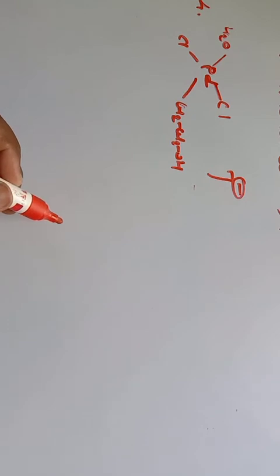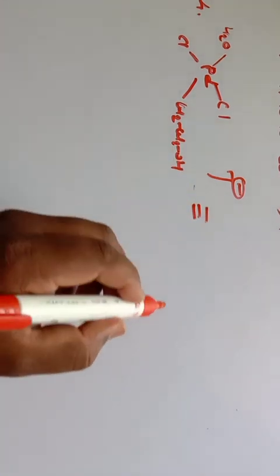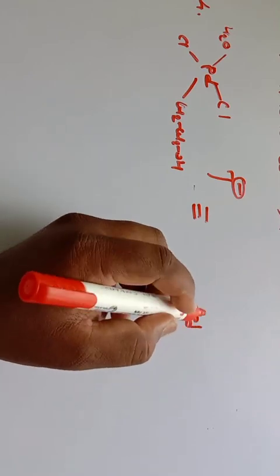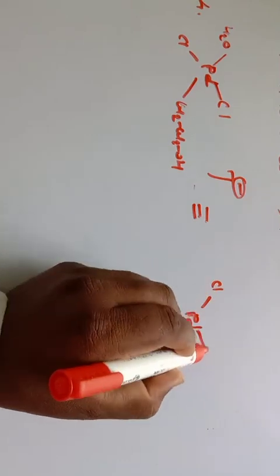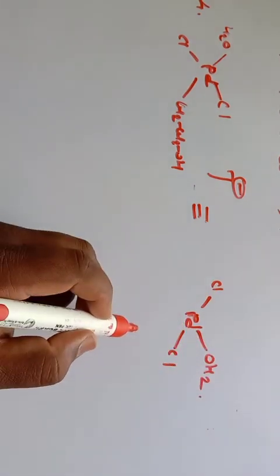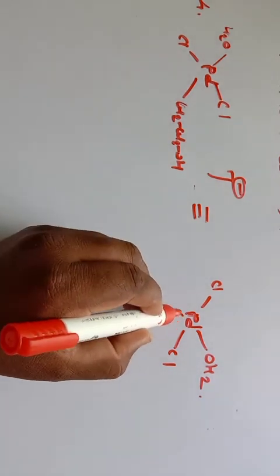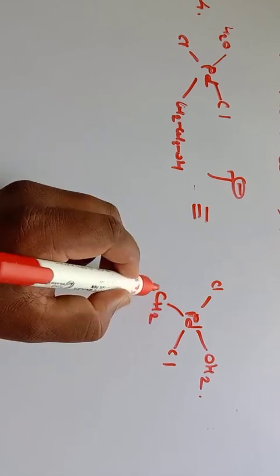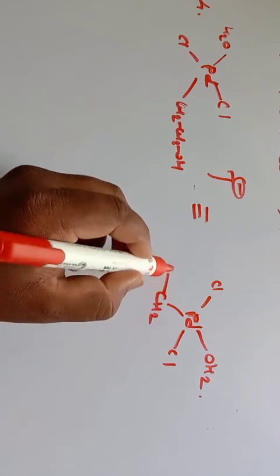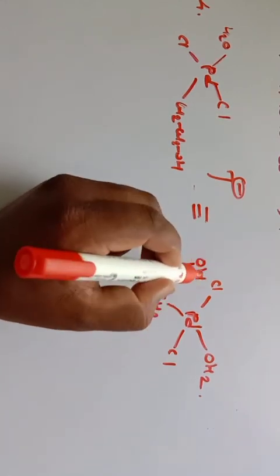If you see the mechanism, we can write this complex like this, that is Pd, here Cl, this is your water molecule OH2, and this is your CH2, and this is your CH2, and this is your OH.